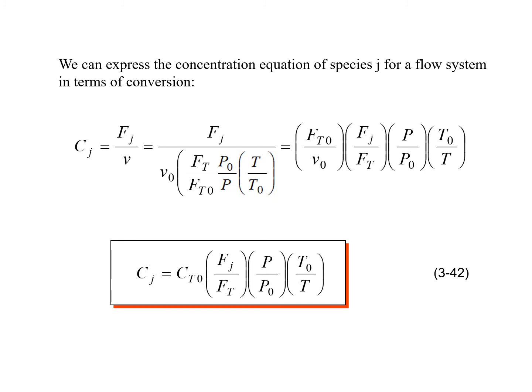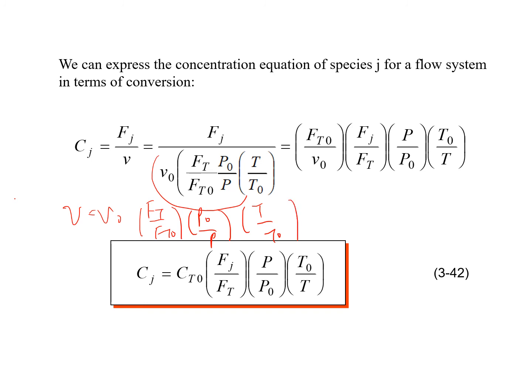So from here, remember we have C_j equal to F_j over V. How do we get this equation? Actually it refers to the previous one, where we got V equal to V0 times F_T over F_T0, P0 over P, T over T0.